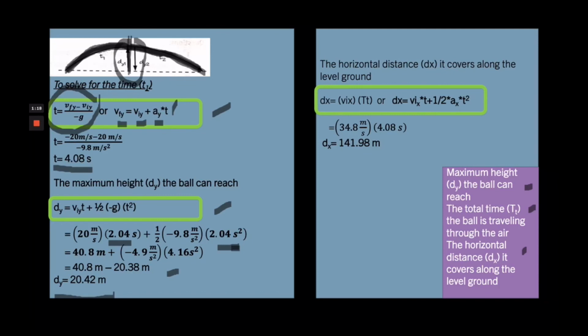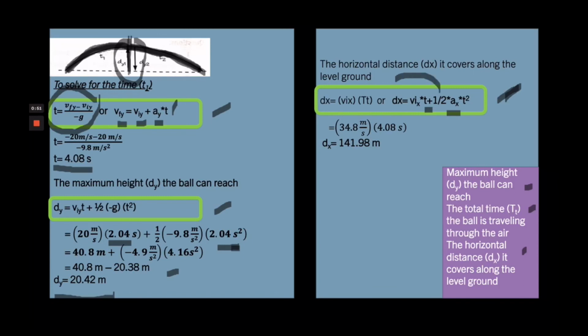Now, we already have the total time, we have the displacement y, so we are ready to solve for the displacement x. So again, we go back to the kinematic equation, and the best equation we can use is this one here. Since we have already the initial velocity for our x, we have the time earlier, we have acceleration, so we're ready to solve.